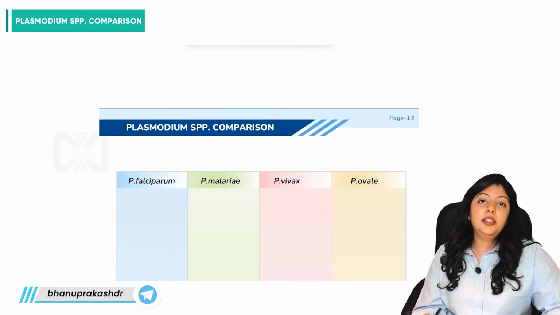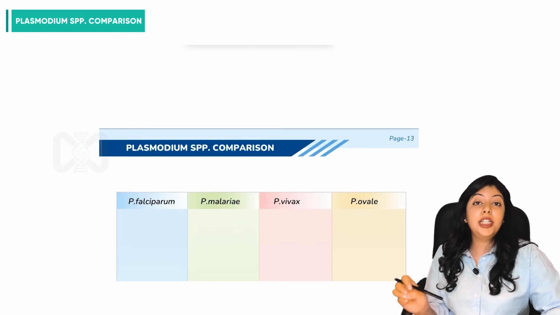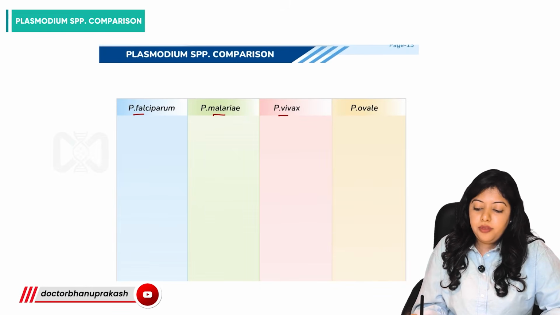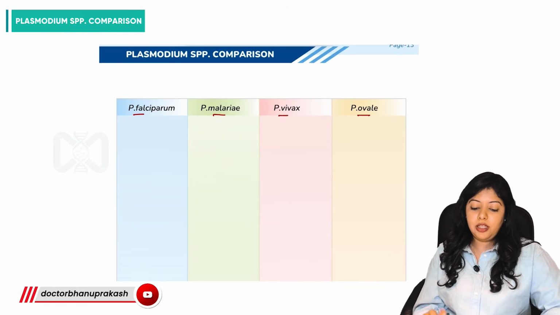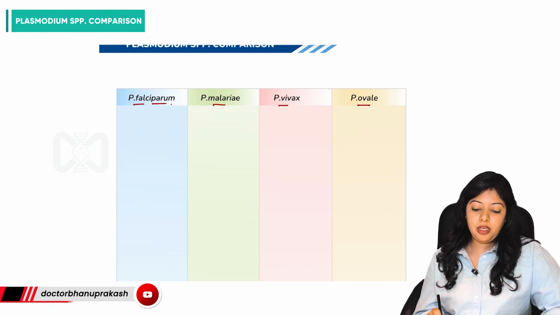What are the different stippling patterns? What are the names for those eosinophilic stipplings for each species? Firstly, Plasmodium falciparum.